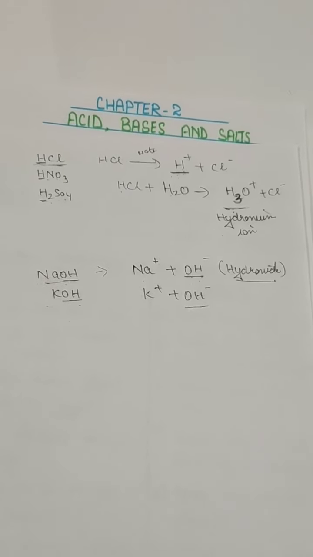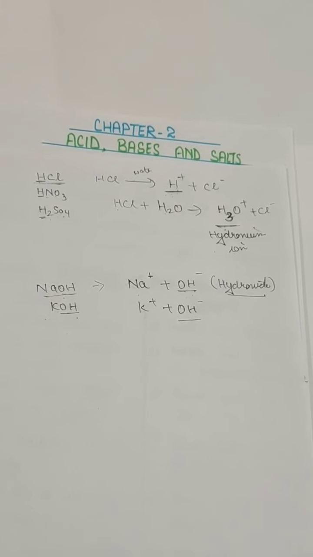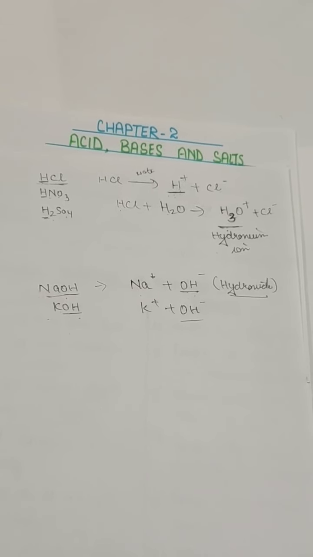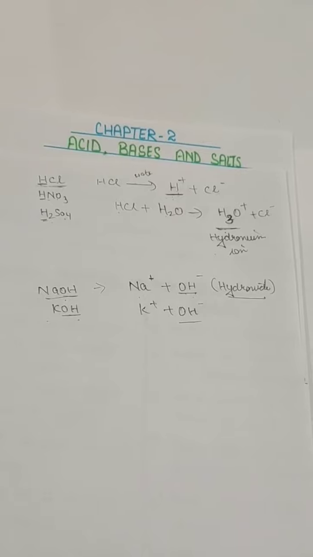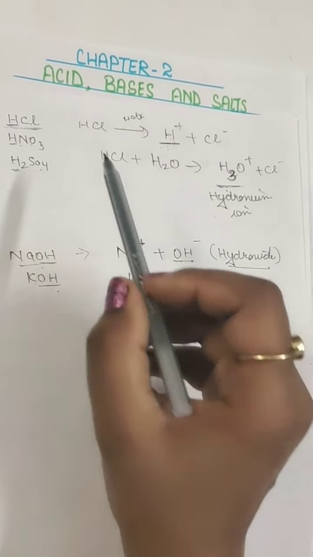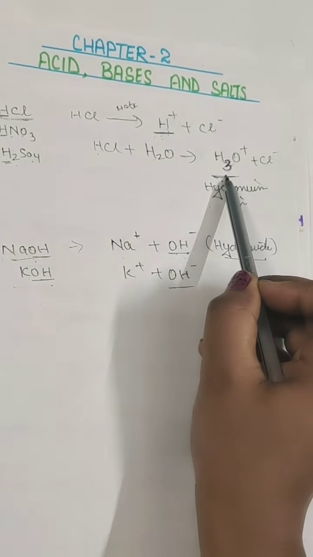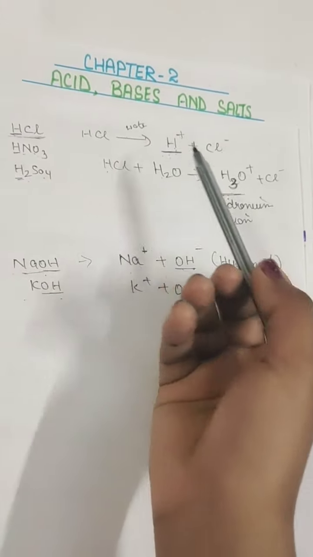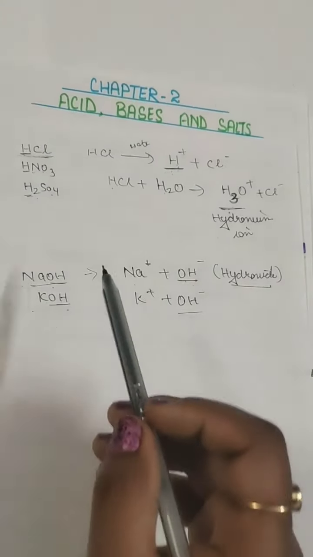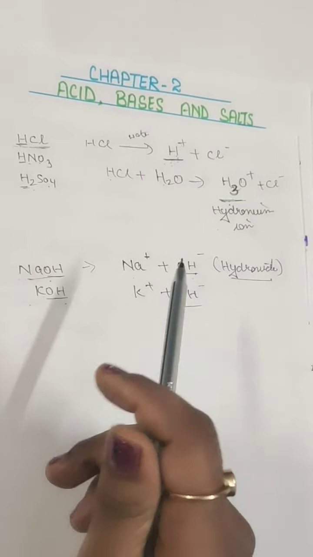So bases are formed when metals react with water, and acids are formed when non-metals react with hydrogen. So acids are the compounds which release hydrogen ion or hydronium ion when dissolved in water, and bases are the compounds which release hydroxide ion when dissolved in water.